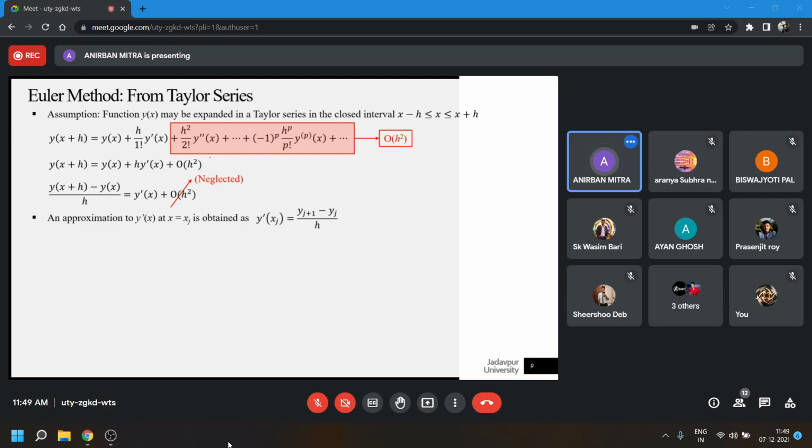We are truncating after two terms here and representing it approximately like this. So that is going to obviously incorporate some error in the solution, and that error is the truncation error.